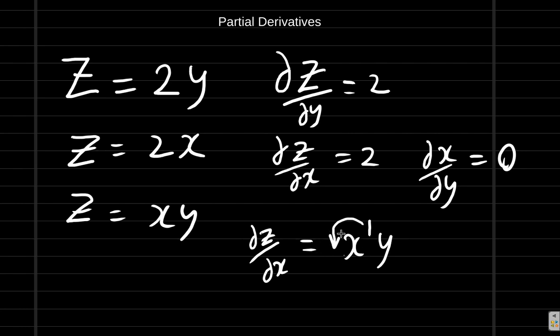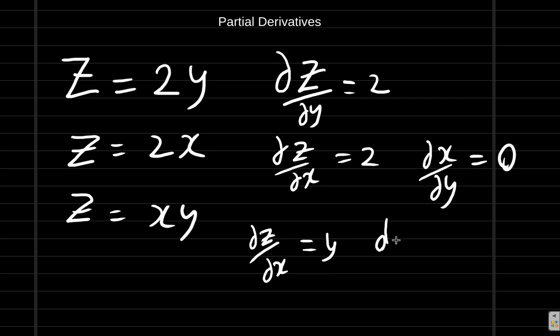You multiply by 1. Put the 1 down here. So you have 1 times x to the 1 minus 1. It would be 1 times x to the 0 times y. And then, of course, x to the 0 is 1. So it's 1 times y, which is just y. You see that? So the partial of z with respect to x is really y.